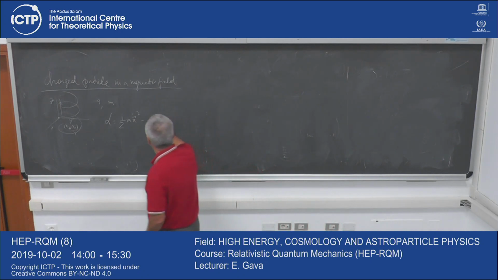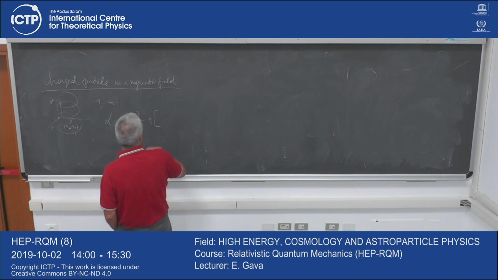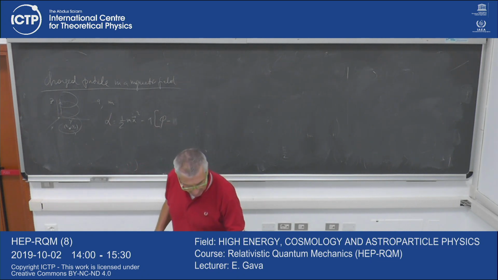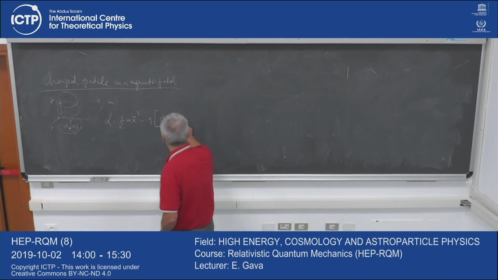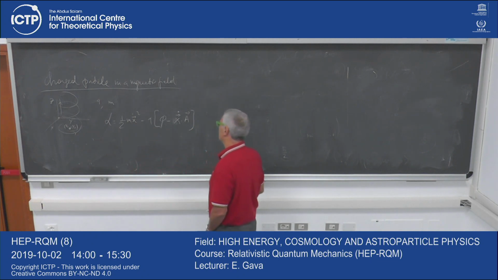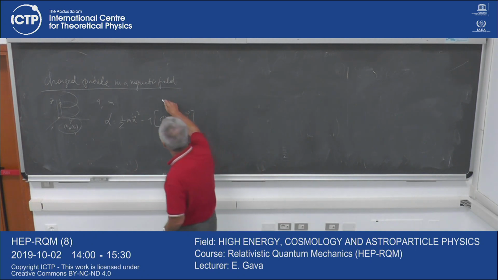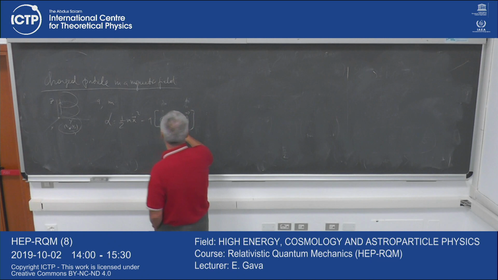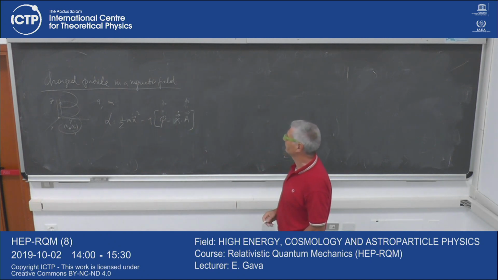There is some charge here, and there is the scalar potential phi, and then minus, say, Q x dot A. This is the A0, and this is the vector potential Ai.